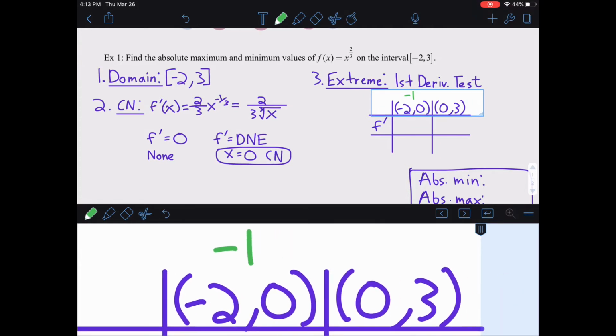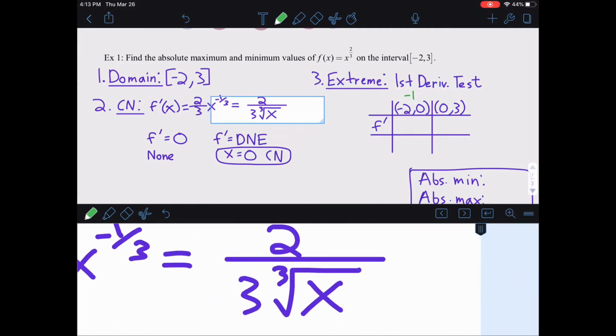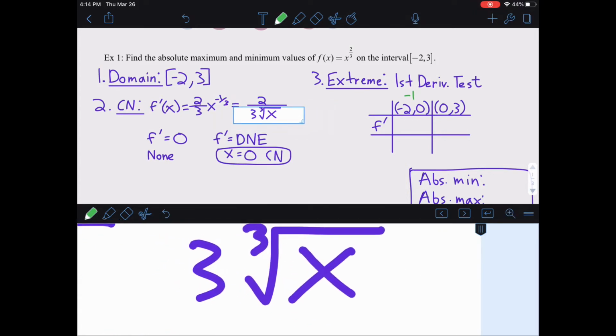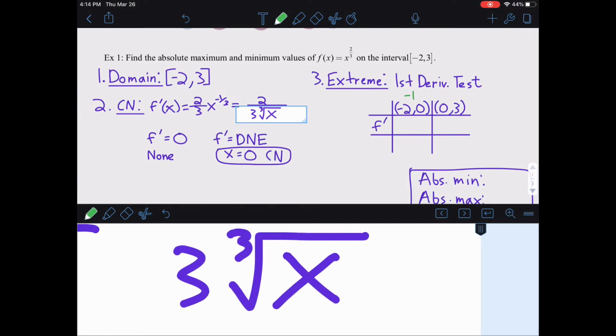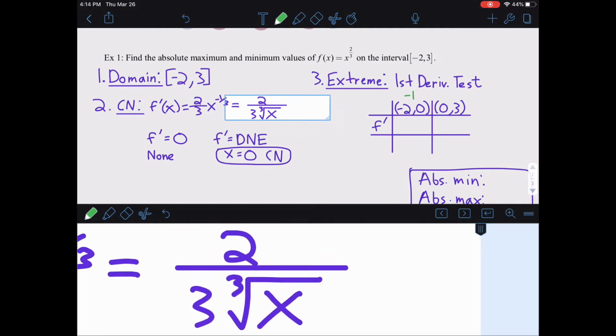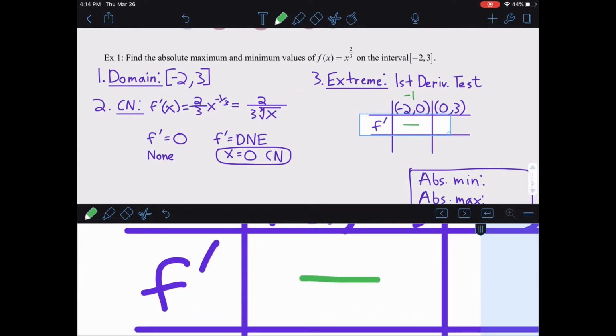Now if I plug -1 into f prime, all I'm concerned about is, do I get a positive or a negative? I don't actually care to evaluate f prime at this x value. So I take the cube root of -1, which is a negative. If I multiply it by 3, I still get a negative, and 2 divided by a negative is still going to give me a negative number.